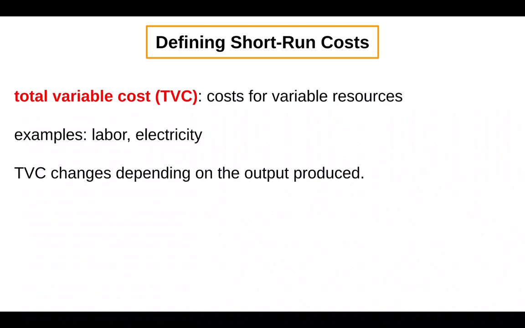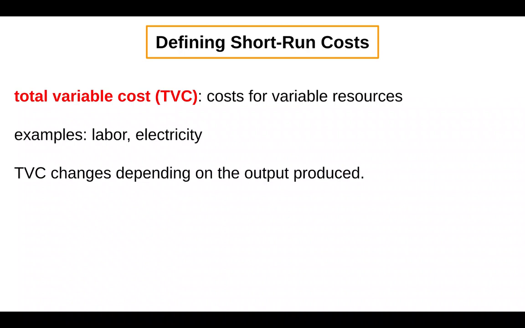Total variable costs are the cost of your variable resources. For example, your labor, your electricity, the cost of things that can change. Because the resources themselves can change, TVC does depend on the output produced. When you are producing zero output, you would have zero variable costs, because you can turn off the lights and fire every worker.